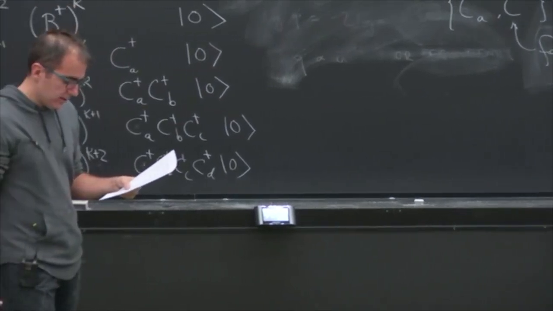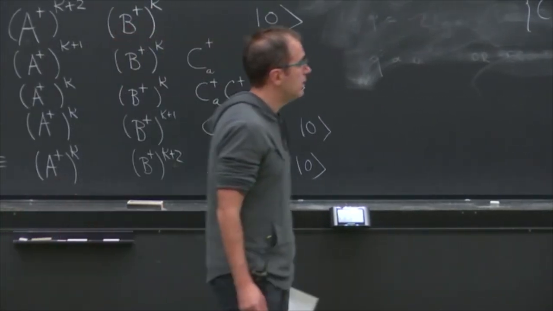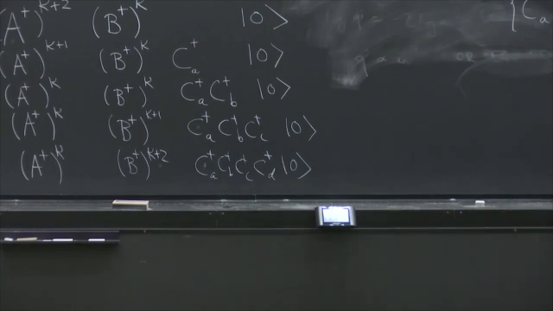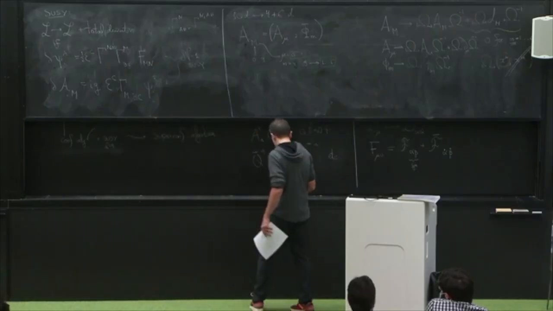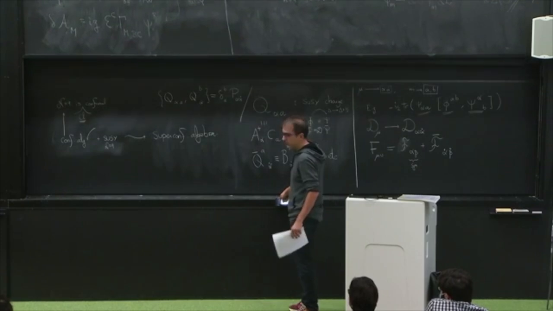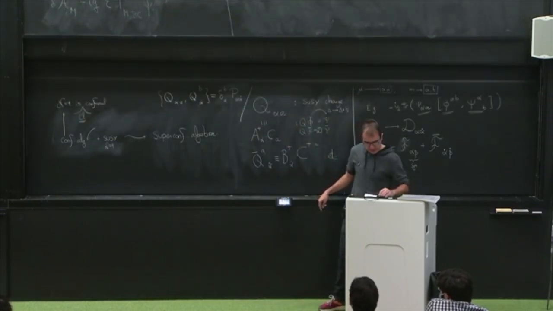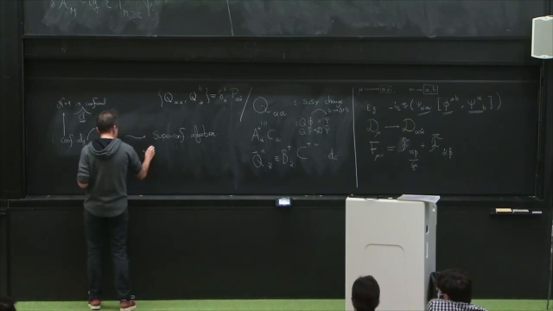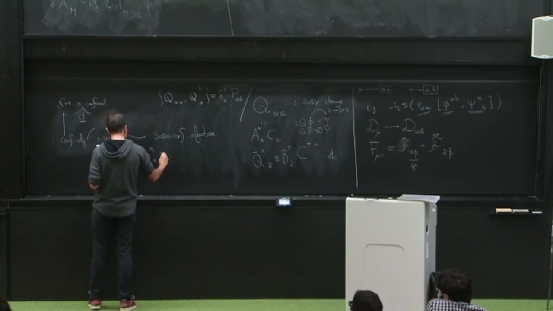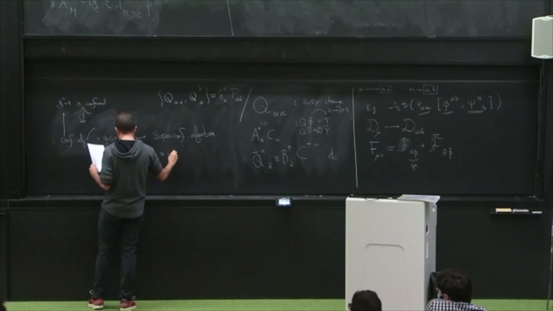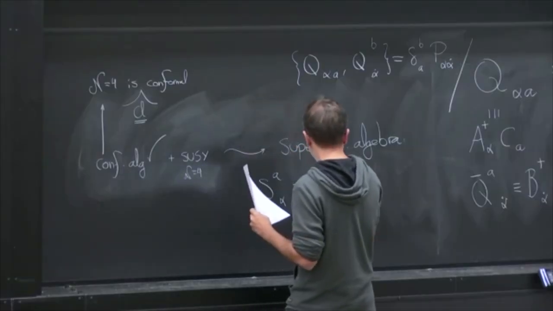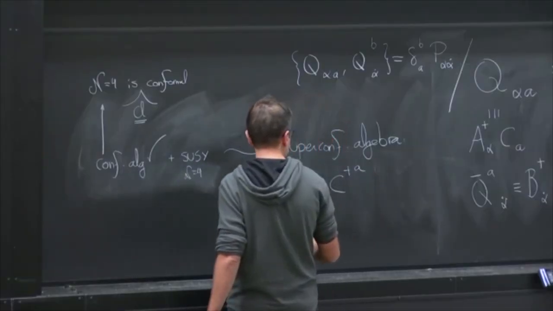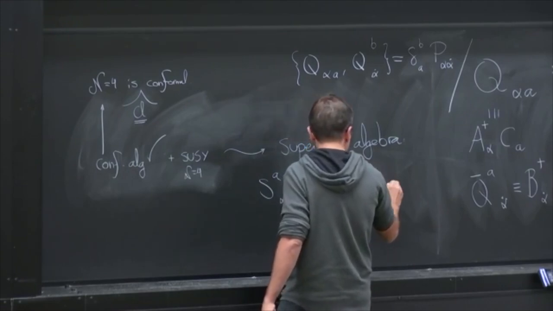Can you just write the S in terms of these A and C? We can. Yeah, indeed. So this is the action of Q's on this guy. And S would be like this. So S A alpha would be something like minus i. It creates an index A. It annihilates an index alpha.